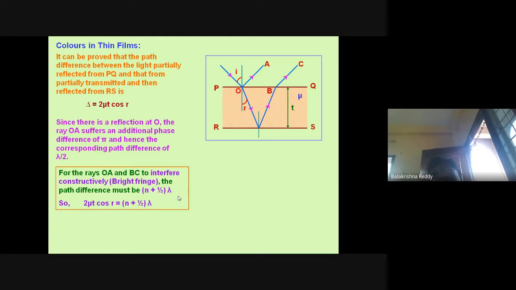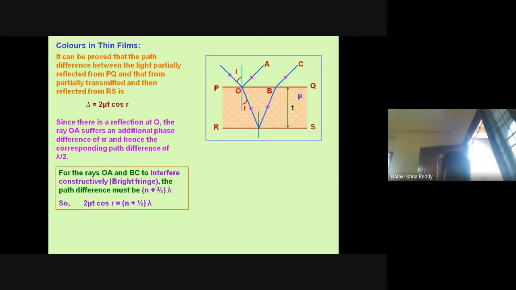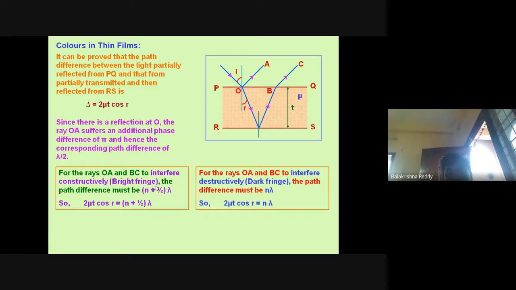Whereas normally we have n into lambda, here we will have n plus 1 by 2 into lambda. So 2 mu t cos r is equal to n plus 1 by 2 lambda. If you apply this condition for the interference, then in thin films you can obtain it.